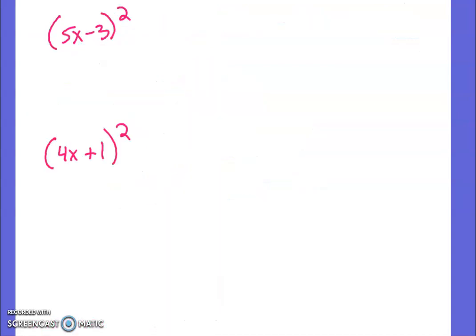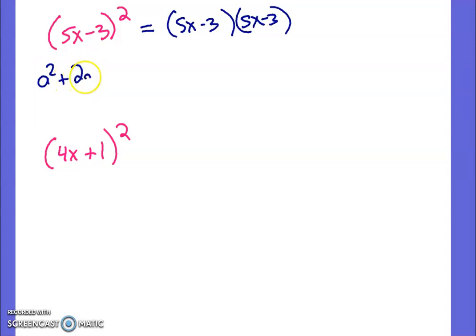So for instance, like this, we could, if we wanted to, write it out twice: 5x minus 3 and 5x minus 3, and then FOIL it out. But what we just now learned is it's a squared plus 2ab plus b squared. So you take this first term and you square it.